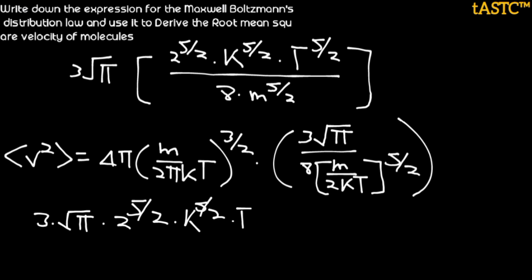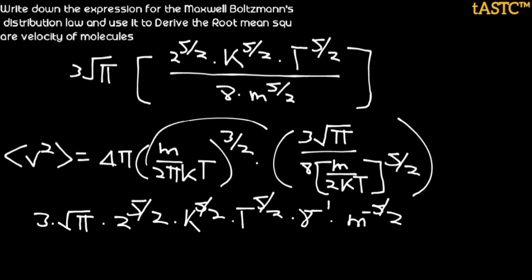This will be multiplied by t to the 5 halves. And here we're going to have 8 to the negative 1. And here we're going to have m to the negative 5 halves. So this is what we have from here. Now remember, this is multiplied by this stuff.